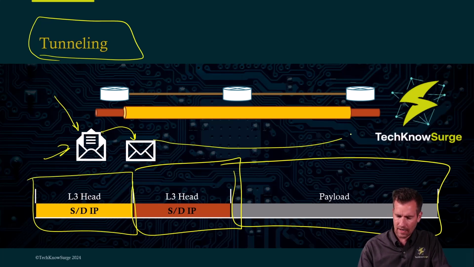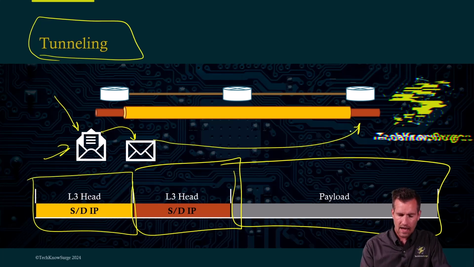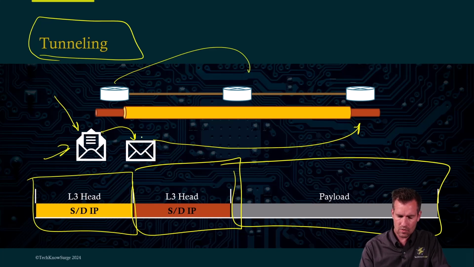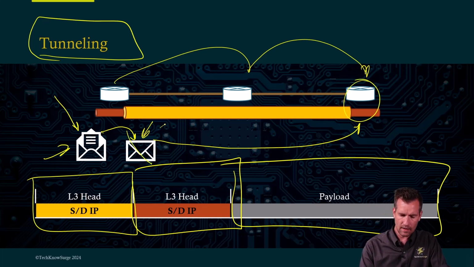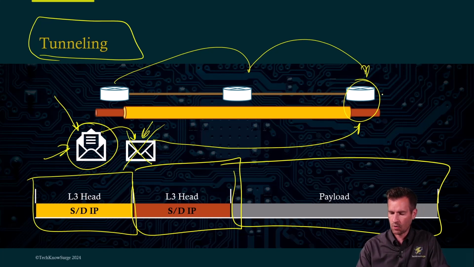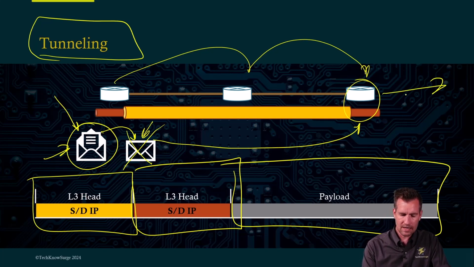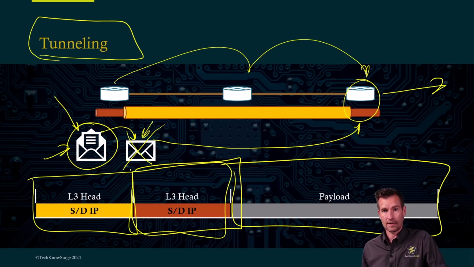That's going to be addressed to the end of the tunnel. Then it'll use the information of the second envelope to route it along its way. Once it gets to the end of the tunnel, it will get rid of that extra envelope and then deliver the rest of the letter wherever it's supposed to go using the source and destination IP address of the original layer 3 header.